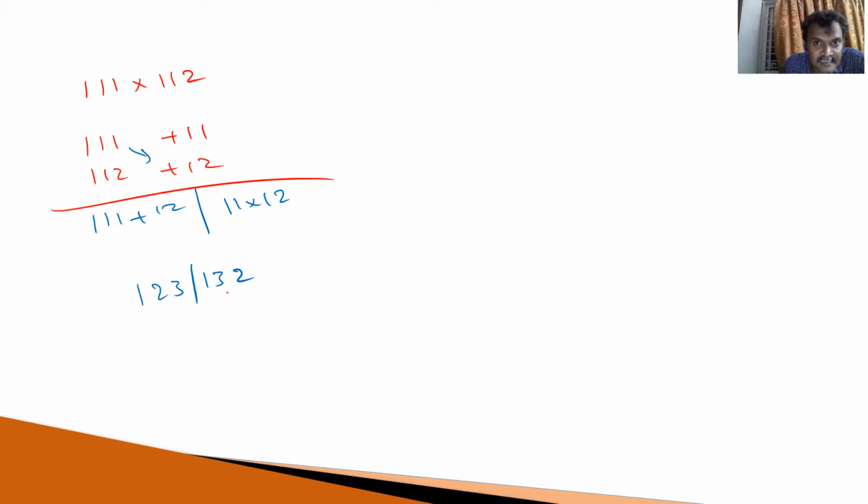How many digits are there? 3. Now, what should you do? Just add the leftmost digit to the previous number. That's it. Whatever the number exists here, just add this number to the previous. So, what is the answer? 12432, which is the required answer. That's it. Is it clear? Yes, sir. Okay.